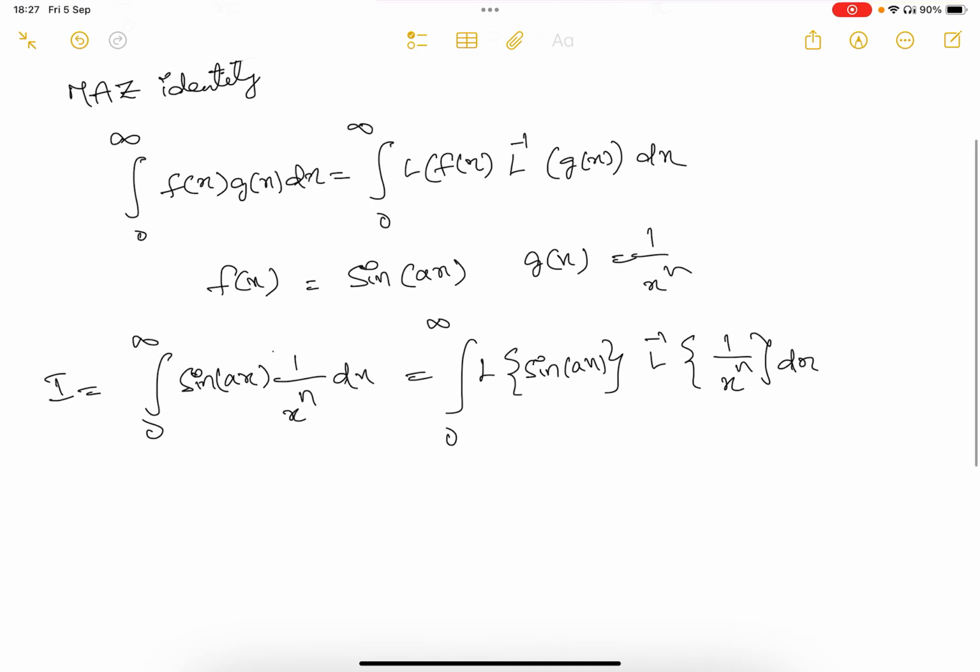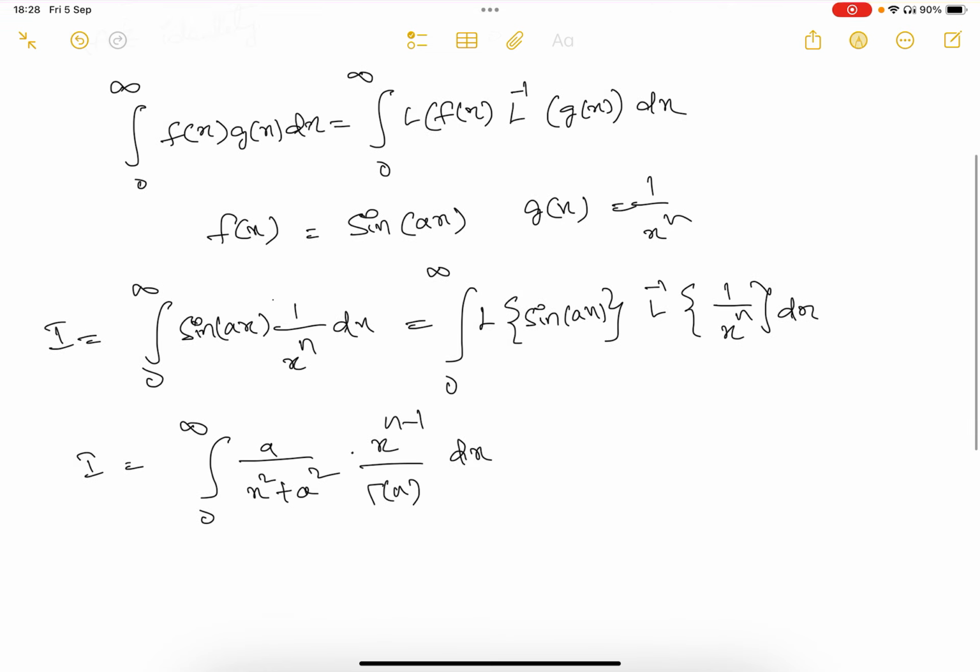Fine. Then I is integral 0 to infinity, Laplace transform of sin ax is a by x square plus a square, right? What about Laplace inverse of 1 by x power n? It will be x power n minus 1 by gamma of n, right?